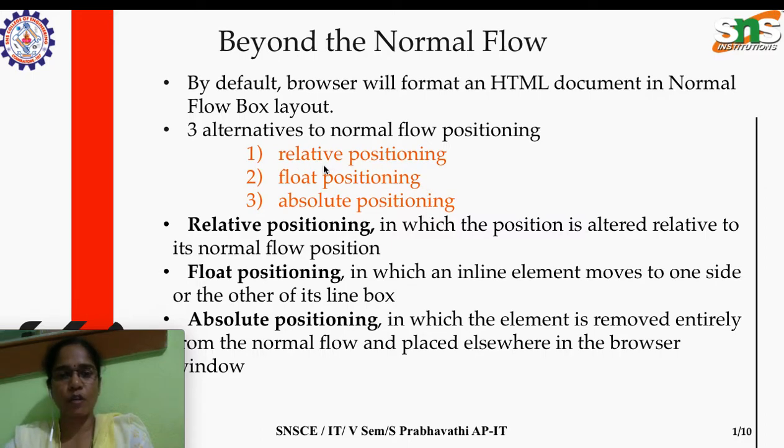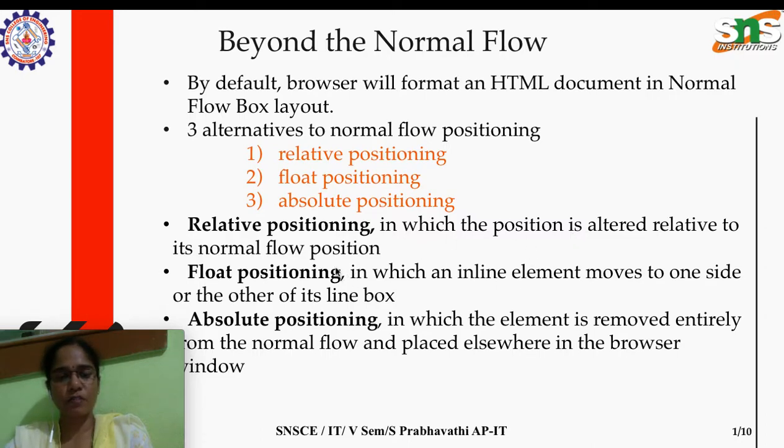So what is relative positioning? It is nothing but positioning the HTML elements in a simply altered manner with respect to the relative position of normal flow layout. Don't worry about this definition, I'll clearly explain it with a demo.